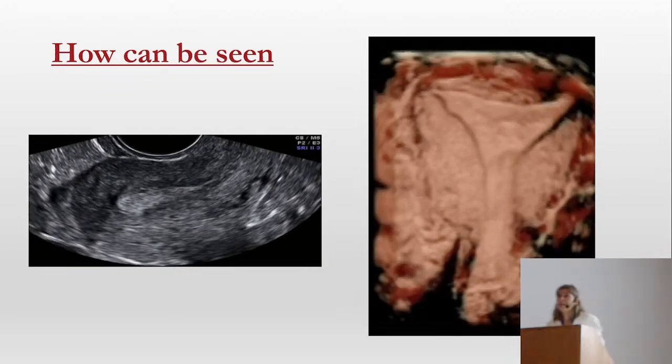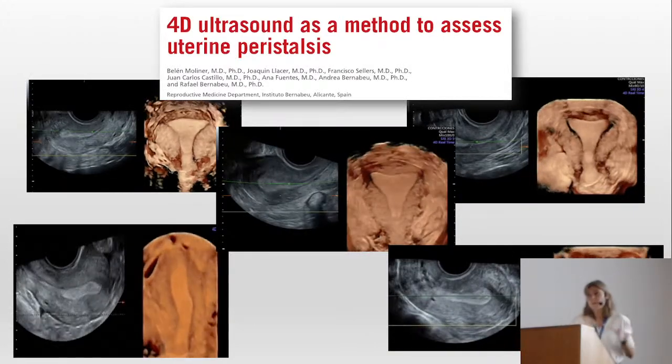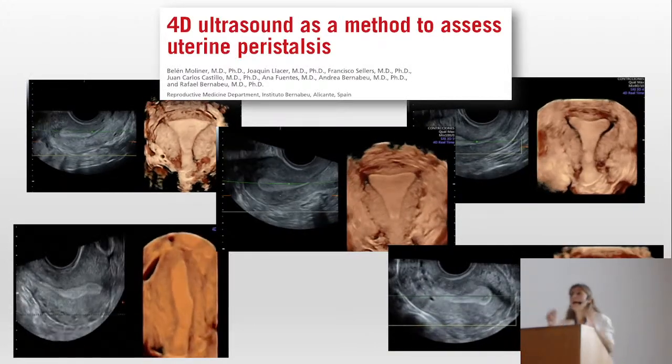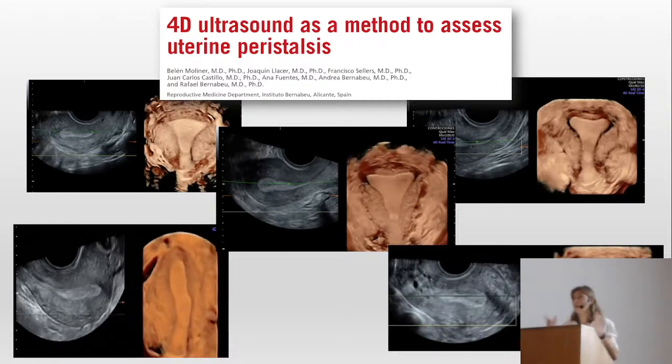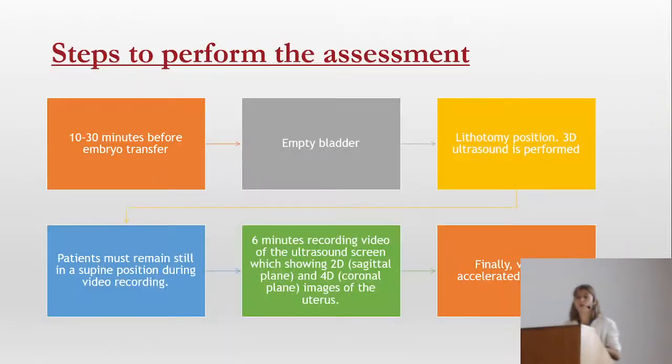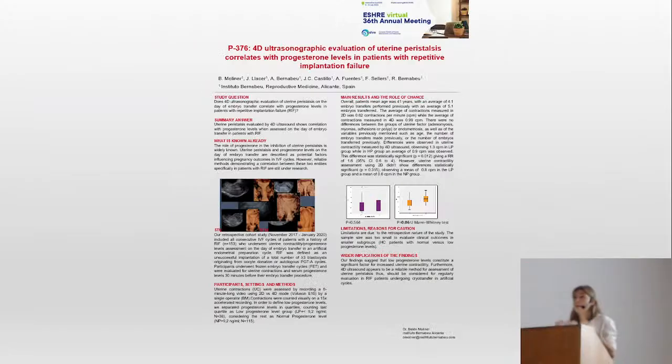So we carried on with the uterine peristalsis assessment in recurrent implantation failure patients, at the beginning in these two kinds of images, 2D and 4D. What we saw is that the 4D ultrasound was associated with the lower quartile of progesterone, but not the 2D scan.